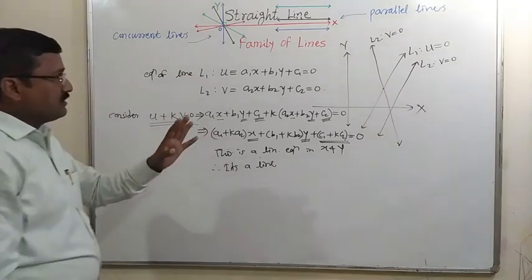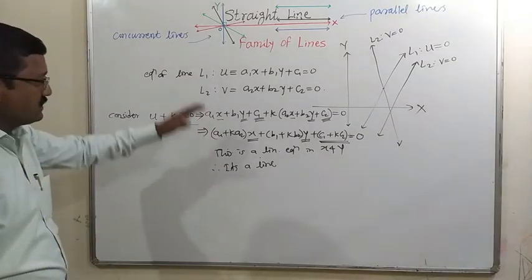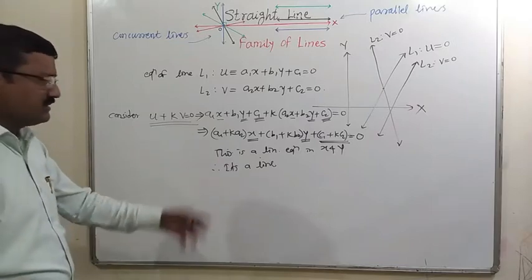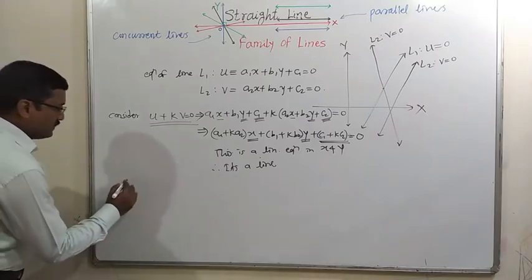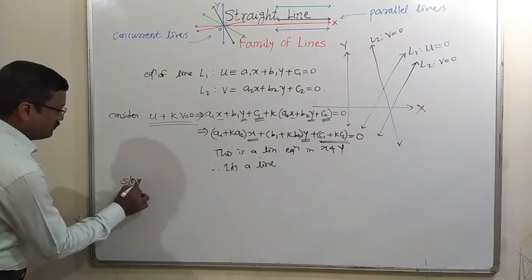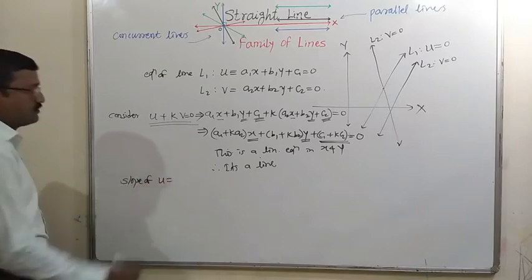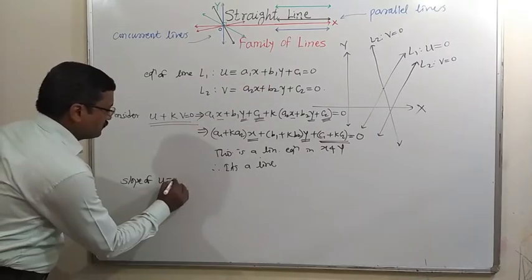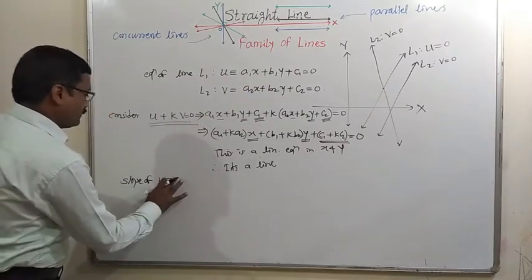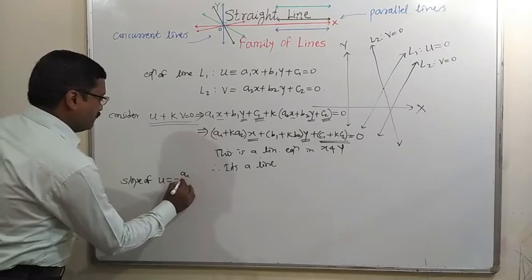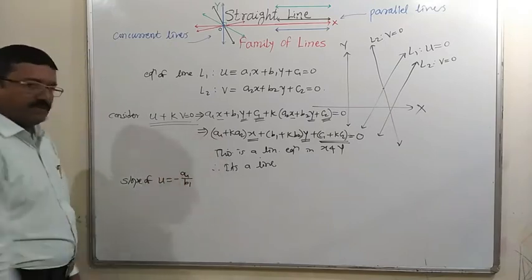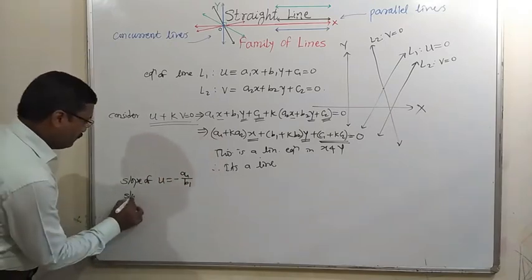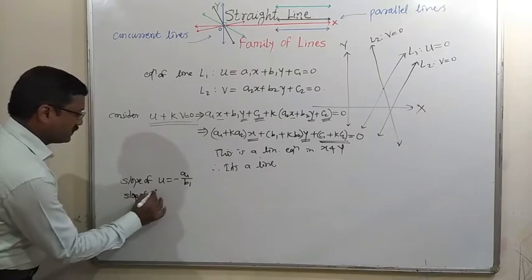Let us see about now the slopes of all these lines. Then from that we can calculate certain results. Here the slope of line u is equal to minus A1 upon B1. What is the slope of line v?